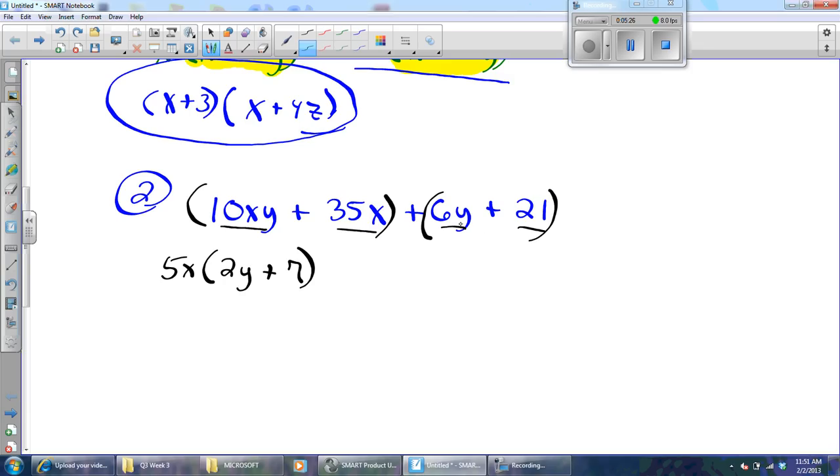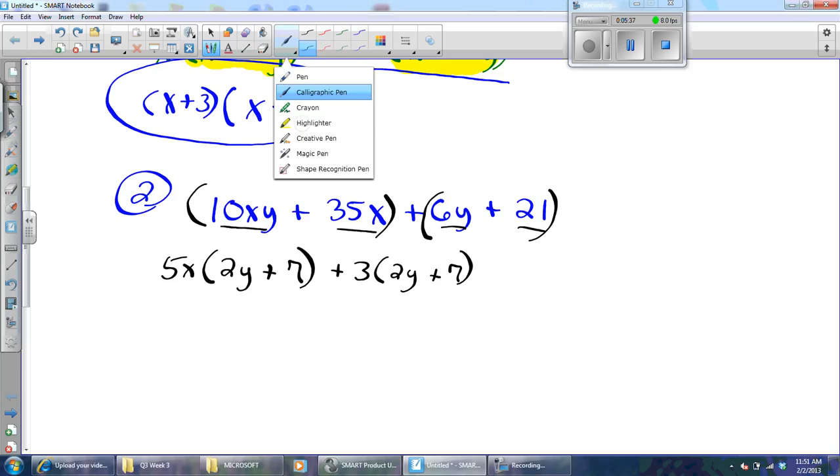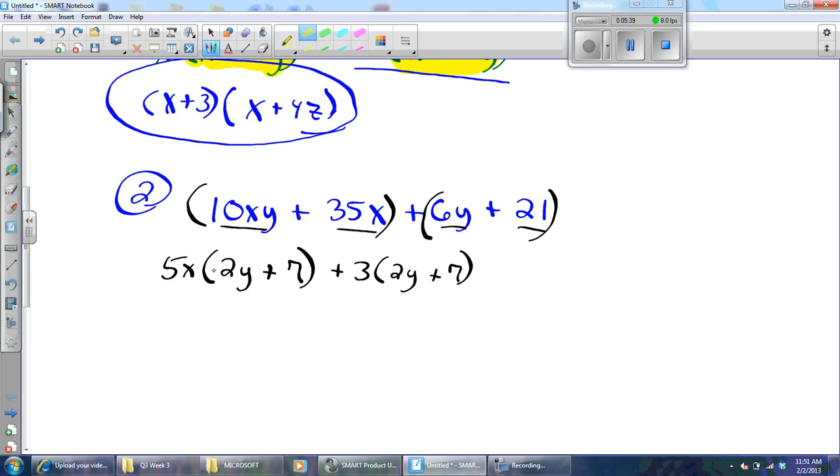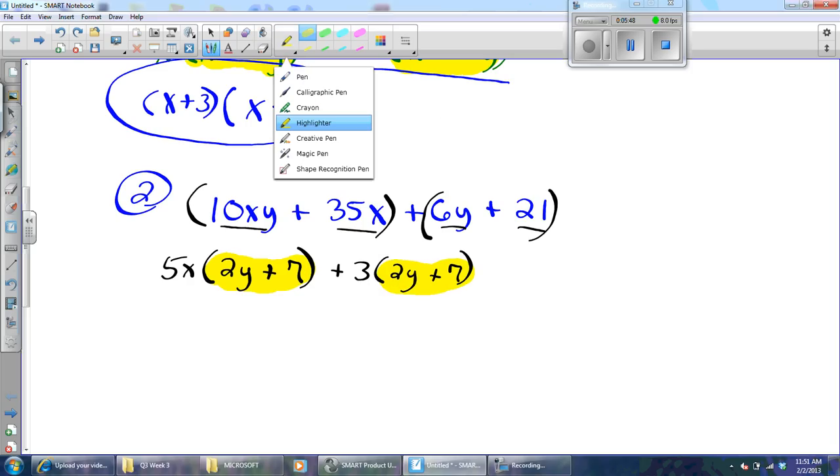Here, I'm going to GCF a 3. Pull out a 3, and I'm going to get 2y plus 7. Look at that. Oh my goodness, this is magical. Nah, it's mathical. All right, look at that. A 2y plus 7 in a quantity and a 2y plus 7 in a quantity. All we're going to do, are you going to catch this, Haley?